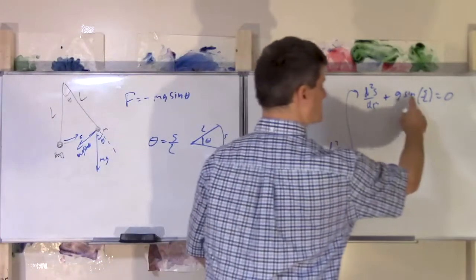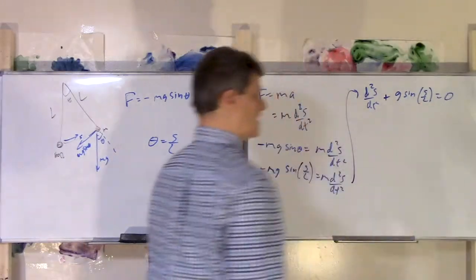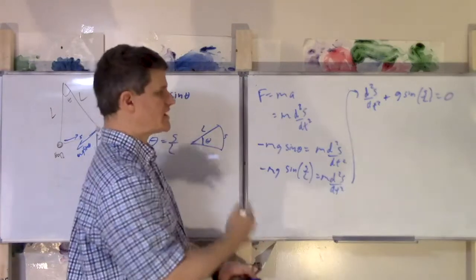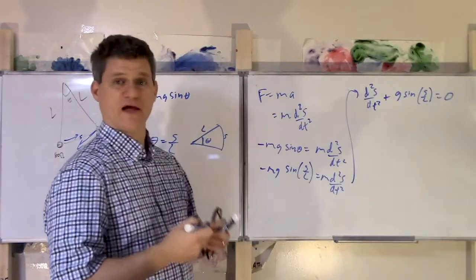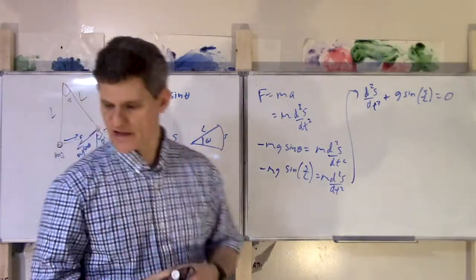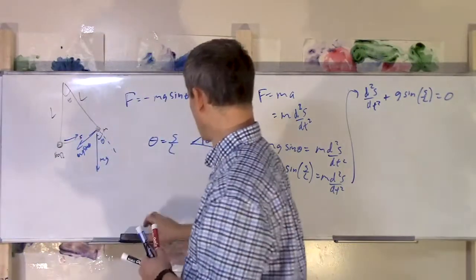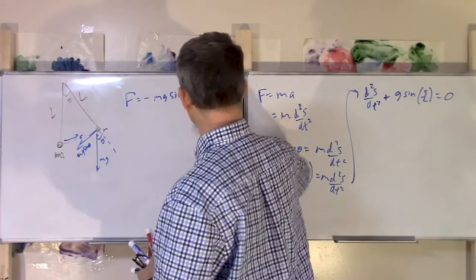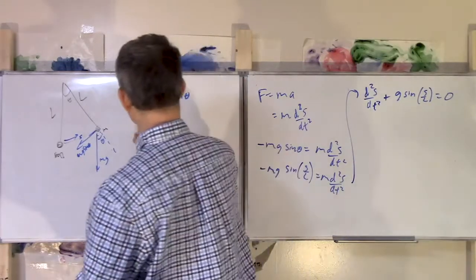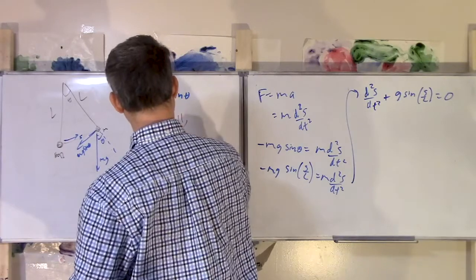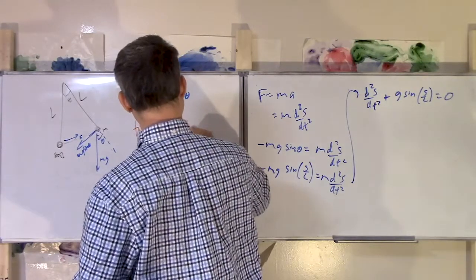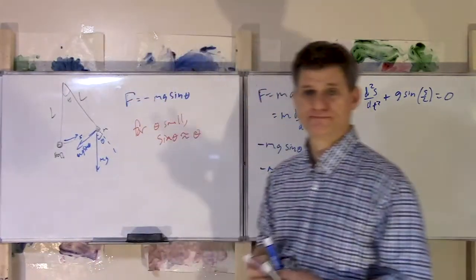The difference is we have sine of s over L instead of s over L. So are there any conditions where this would just be s over L instead of sine of s over L? And it turns out that is the case. It's the case for small angles, because for theta small, sine of theta is approximately equal to theta.